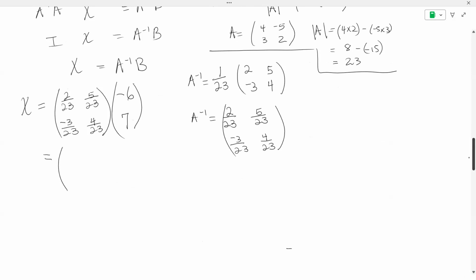What will be the answer for that? Everybody remember doing row by column, right? So this by this, add this by this. What's the answer? Not supposed to take that long.